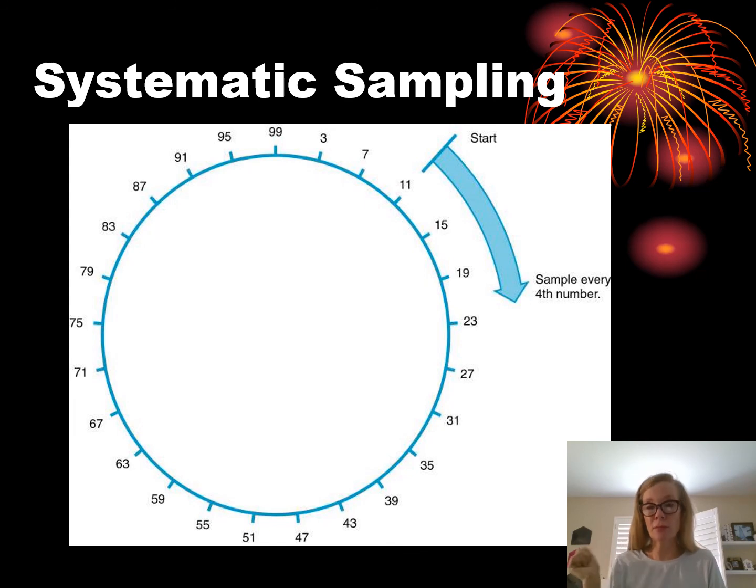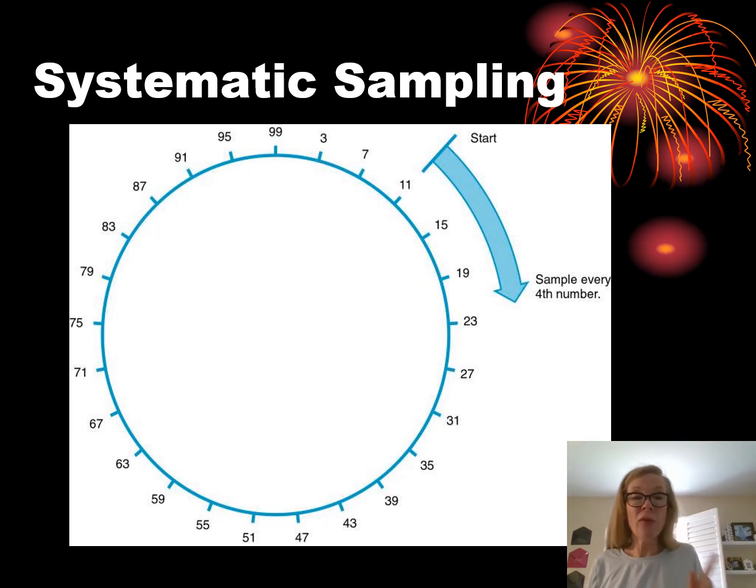choose a random number from 1 to 100. I can use a table of random numbers, I can use a computer generation of random numbers, I can pick a number out of a hat, whatever. I'm using a random procedure. Well, I picked the number 11.